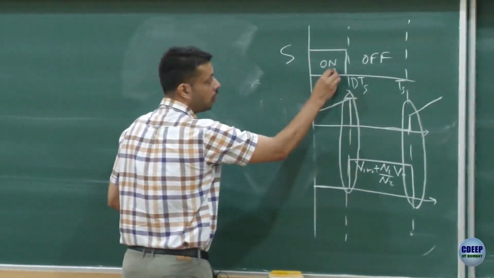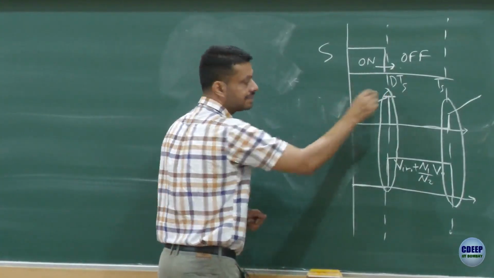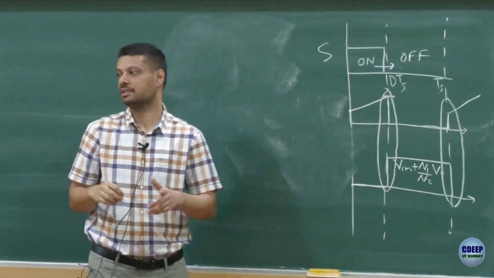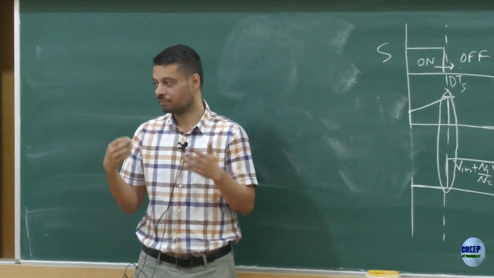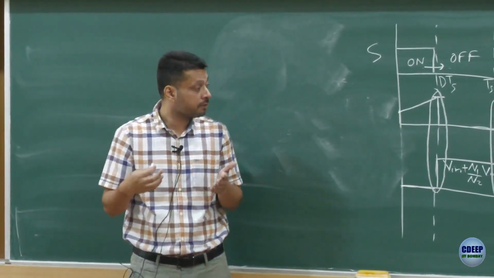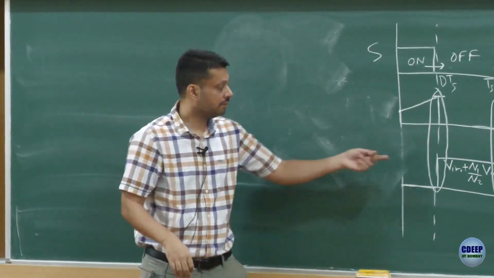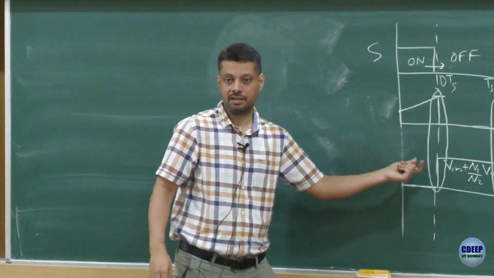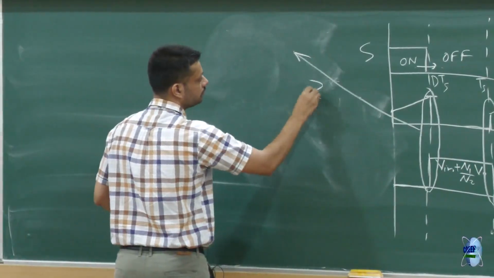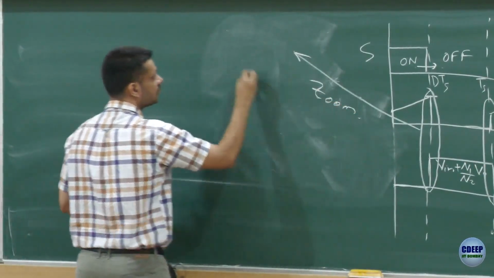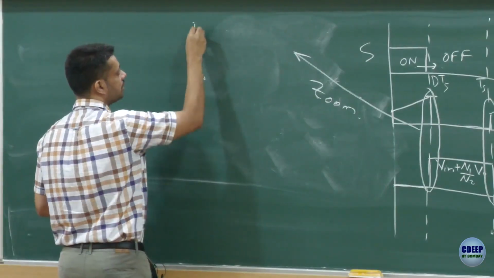When it is going from on to off, the first transition, in the on state it had some current, and in the off state the current is 0. In the on state it had 0 voltage, or rather a very small voltage, but in the off state it has a very large voltage, maybe 400 volt, 500 volt. So if you zoom into this transition, you have the voltage across the switch and the current through the switch.